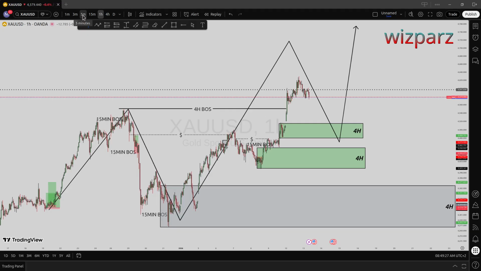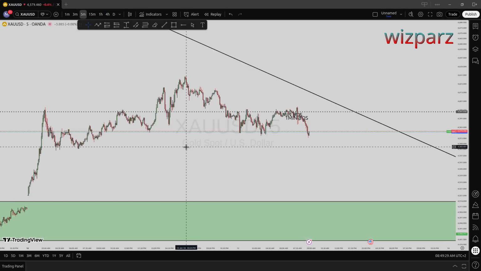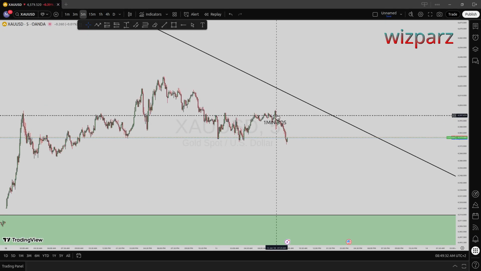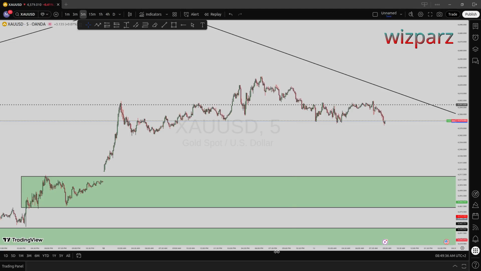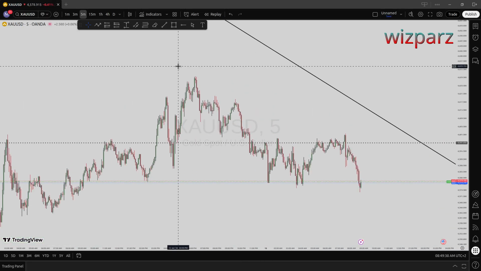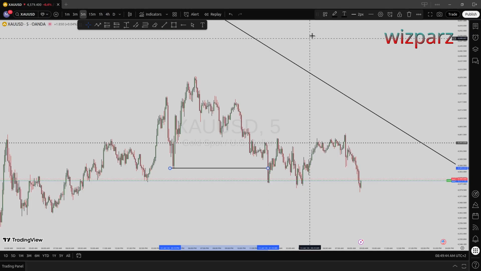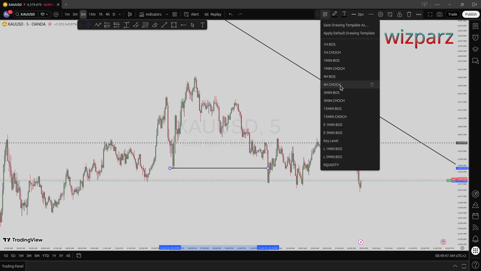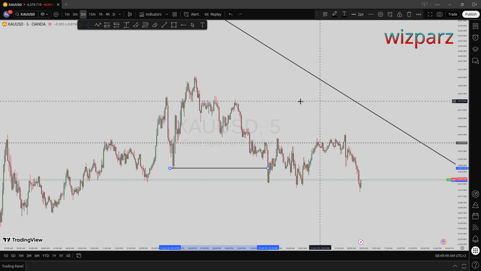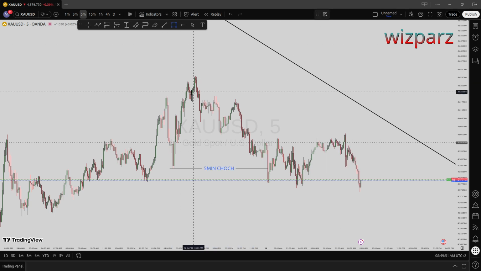But while we are waiting on this time frame, there is another opportunity of looking for a short pullback trade. As you can see, on the 5-minute time frame, we have seen a change of character.